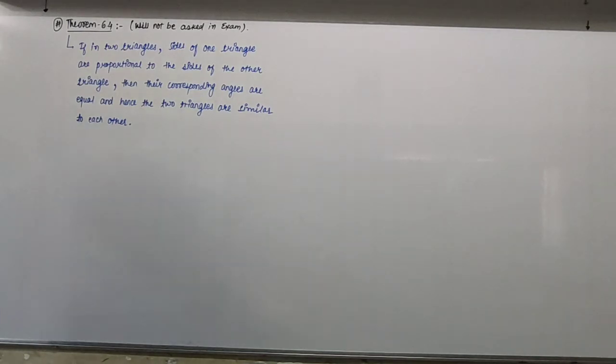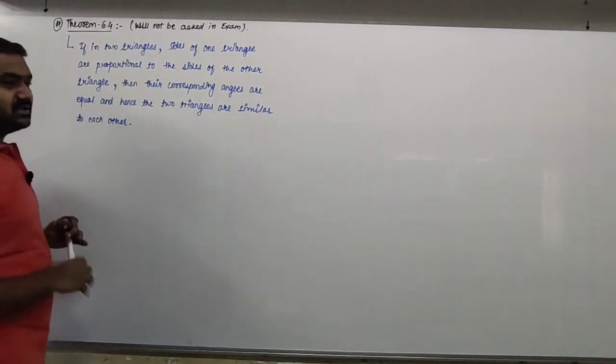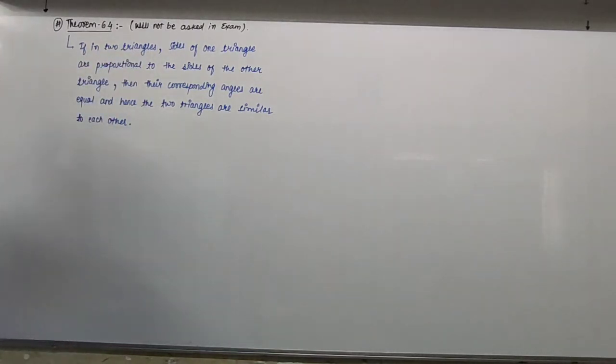Right? So again, what does this theorem want to say is, if in two triangles the sides of one triangle are proportional to the sides of the other triangle.